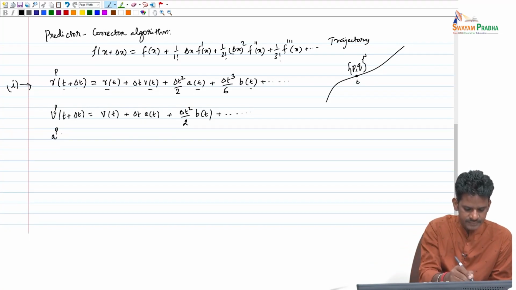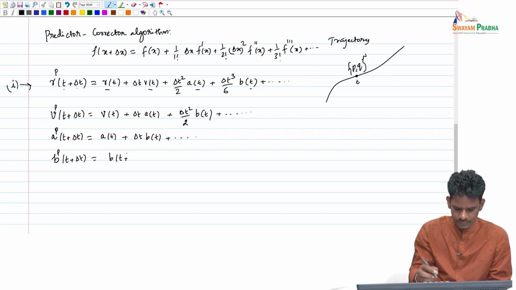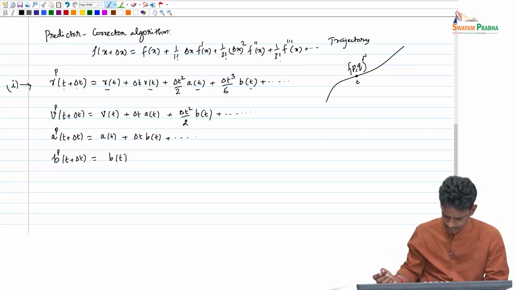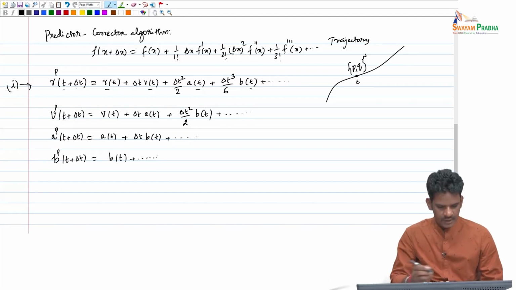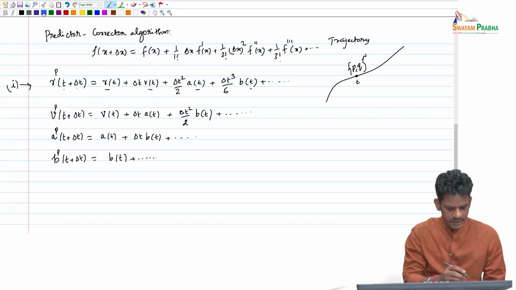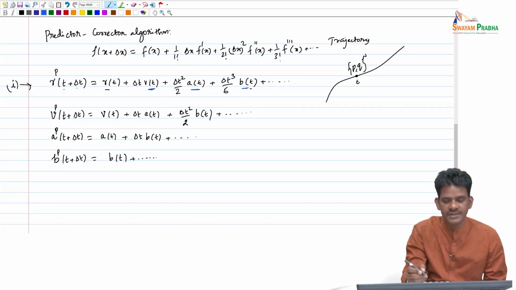And then this acceleration. So here the v is the first derivative, a is the second derivative of position, and b of t is the third derivative of the position.